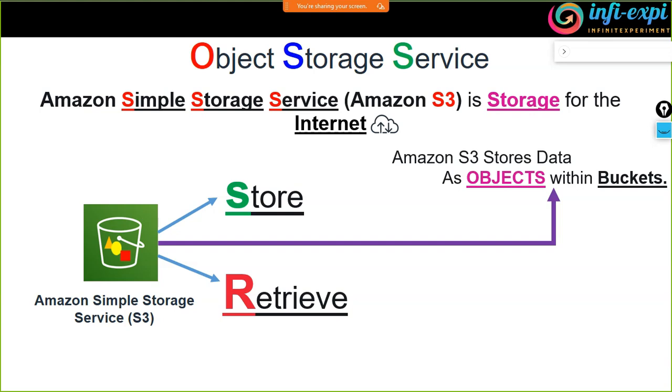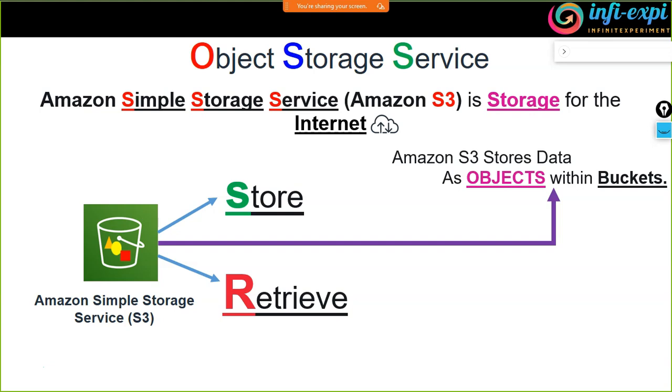Everything is treated as an object, which is a highly notable point because it is an object storage. It is not a block storage. It is not a database storage service. It is straight away an object storage. If you push an image, the image will go as an object only. Any data that you push will be stored as an object within a bucket. So you can store the objects and you can retrieve the objects.